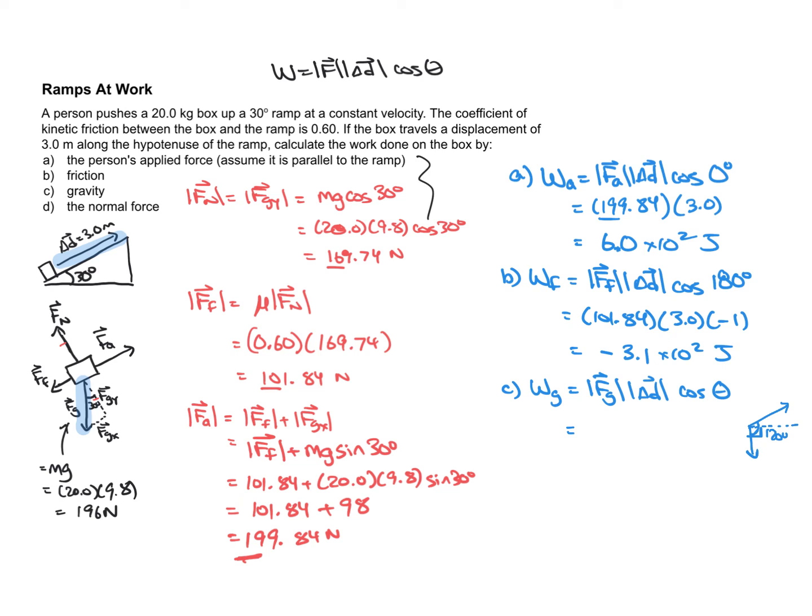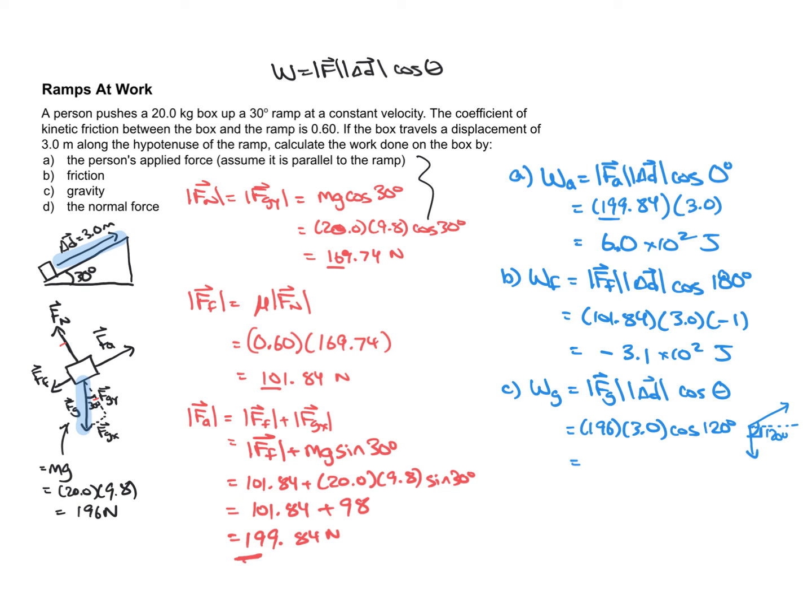Okay, so the values: the force of gravity, I got 196 newtons from before. Displacement's 3, and my angle is 120 degrees. The cosine of 120 degrees is one of the special angles. If you follow the CAST rule as well, you'll realize that it's a negative number. It's equal to negative a half, I believe.